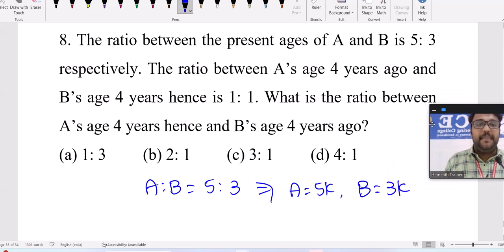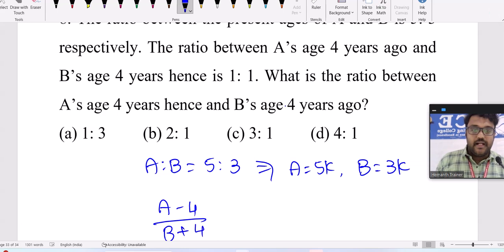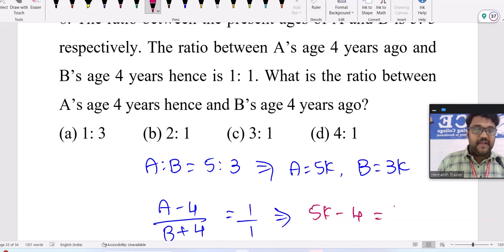Then A 4 years ago means A minus 4, B 4 years hence means B plus 4. That ratio is 1 is to 1, they claimed. So A minus 4 means 5k minus 4, B plus 4 means 3k plus 4. 1 is to 1 means A minus 4 equals B plus 4, as per the question.